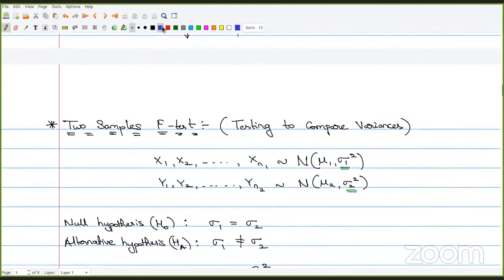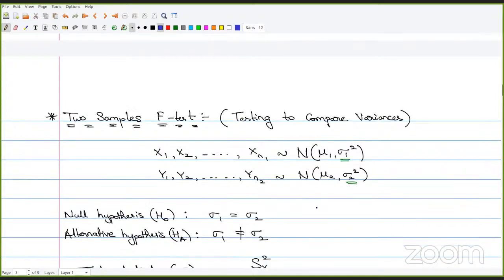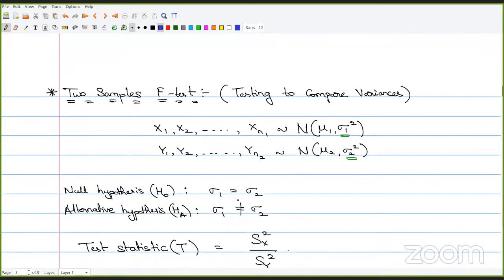So we will set up our null and alternate. Our null will be simple: sigma 1 is equal to sigma 2, and our alternate hypothesis will be sigma 1 not equal to sigma 2. So we have two samples, our null hypothesis is both distributions have the same standard deviation, and our alternative is both distributions have different standard deviations.